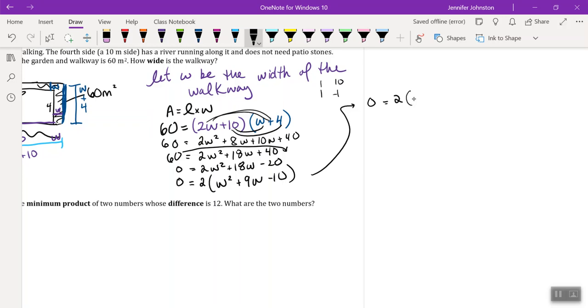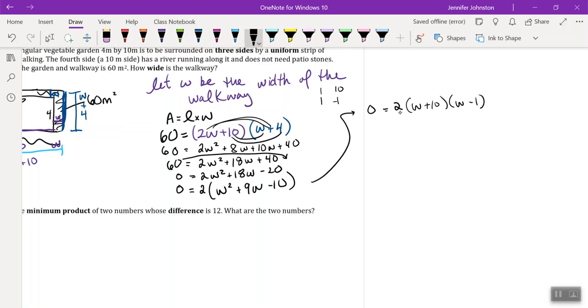So we have w plus 10 and w minus 1 for our two factors. Here the 2 actually, we can divide the 2 off, and the 2 cancels out.